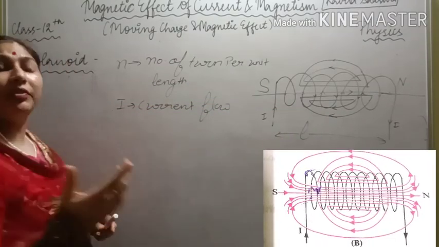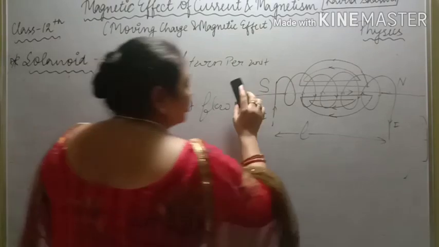So you can say that we have a rectangular loop. Again we draw this diagram.